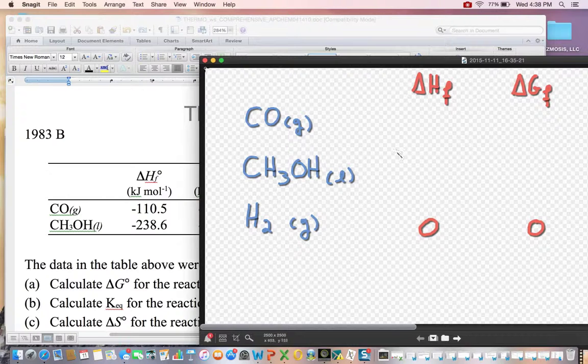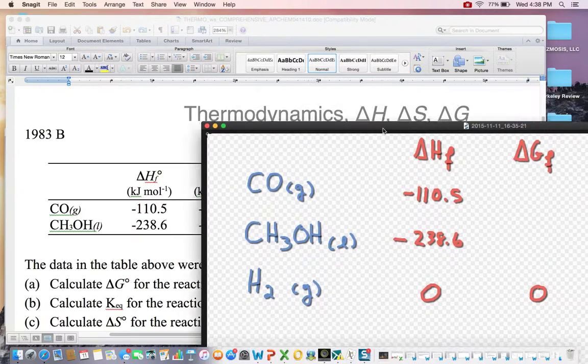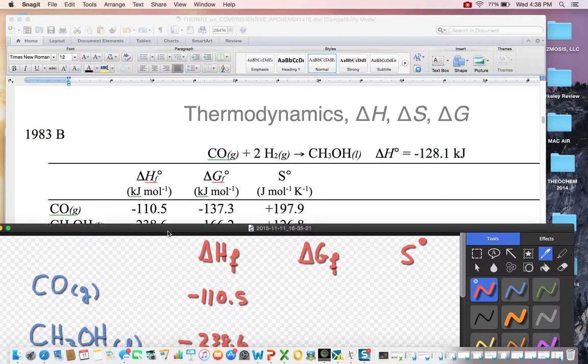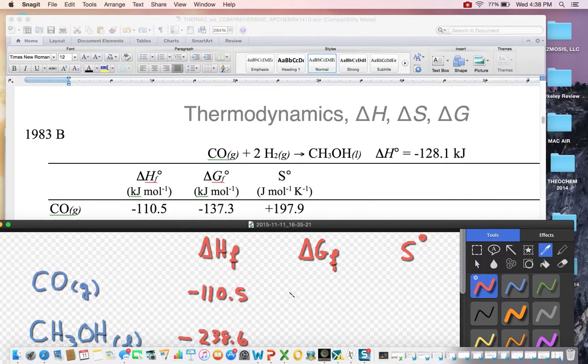If we fill in the rest of our data, minus 110.5, minus 238.6. Notice the unit is a kJ per mole. That's standard in thermodynamics problems. And then we know that the delta G of formation of carbon monoxide is minus 137.3.